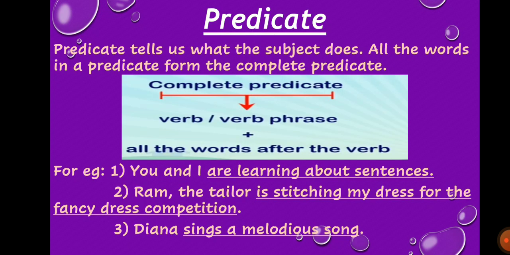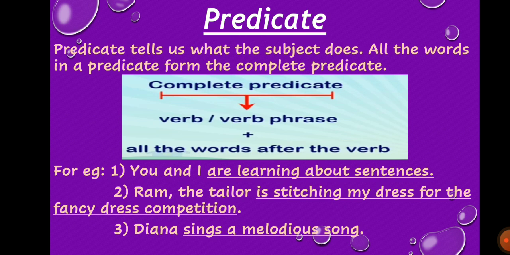Now let us study about predicate. Predicate tells us what the subject does. All the words in a predicate form the complete predicate. A complete predicate has verb or verb phrase plus all the words after the verb or verb phrase. So let us see the example.